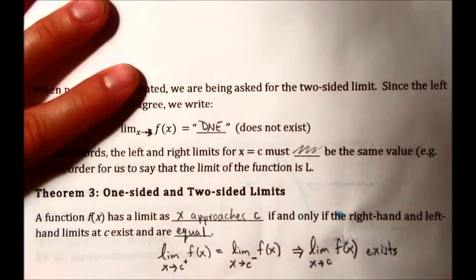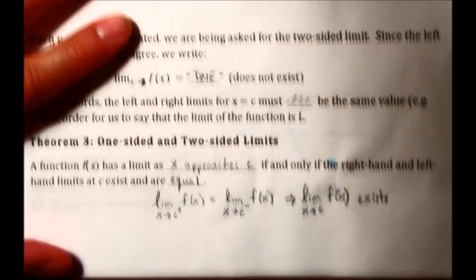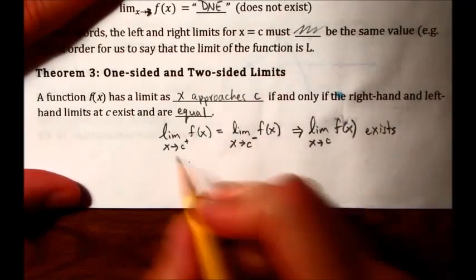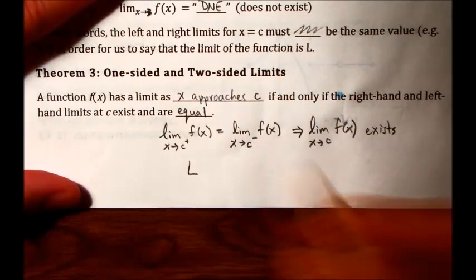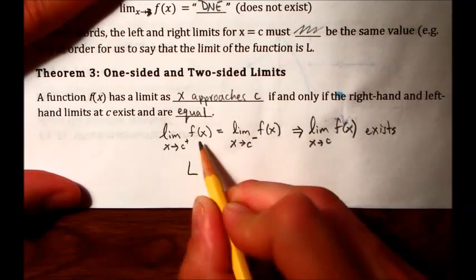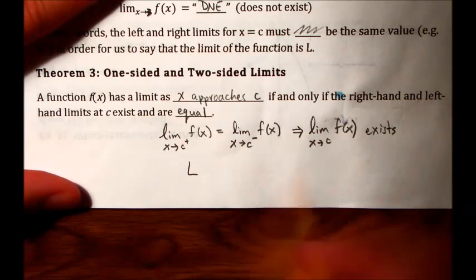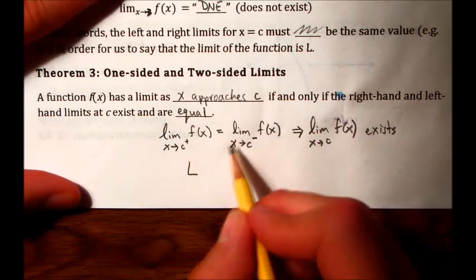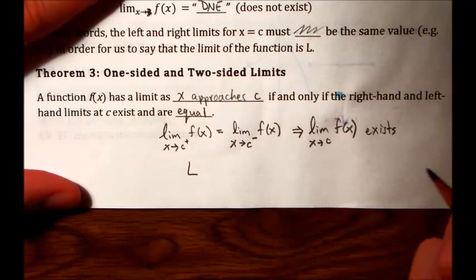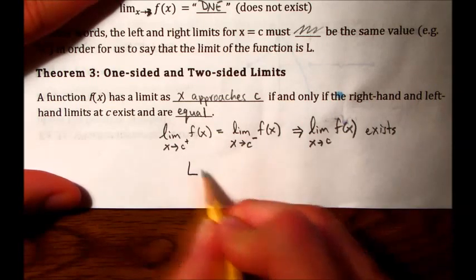If this came out to be L, let's say it came out to be 5, we'll just call that the number L. Then this would be L, and this would be L, and this would be L. So they're all equal. So the existence depends on both sides being equal. And then we could call the answer L.